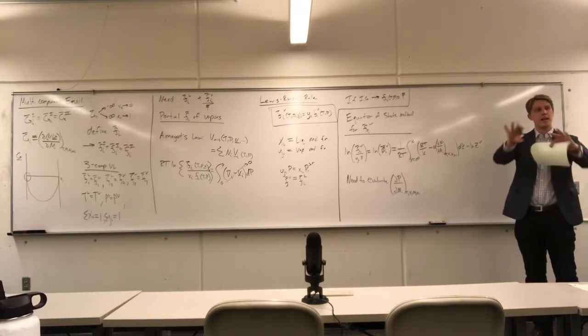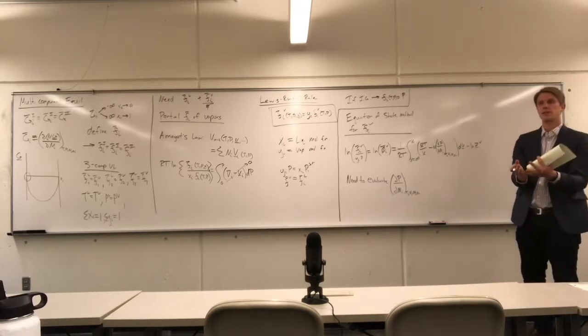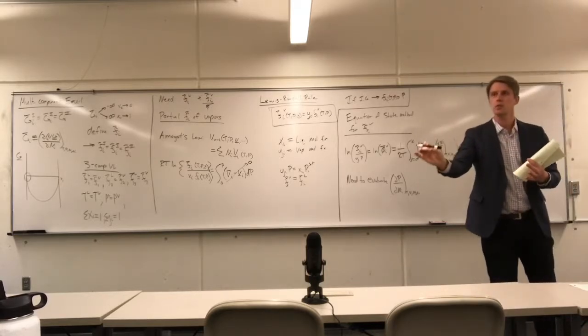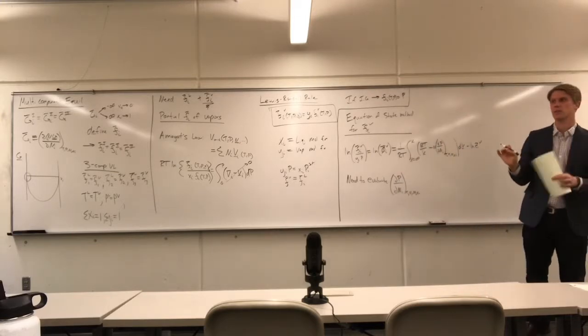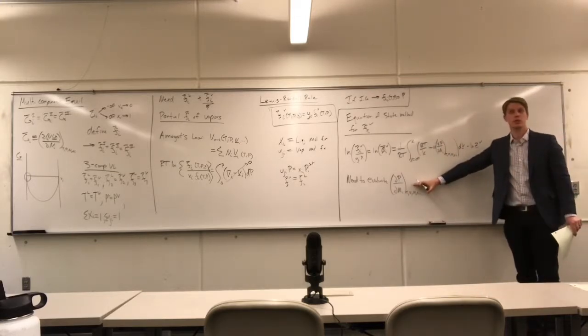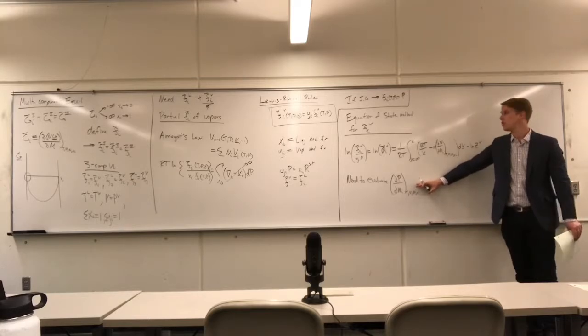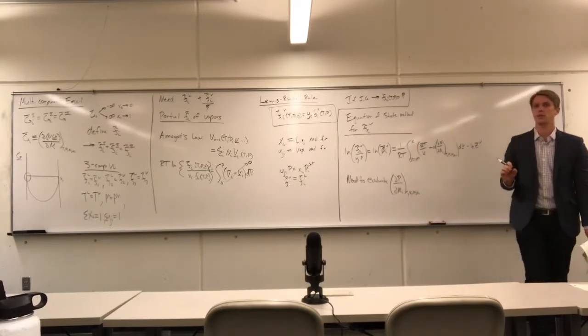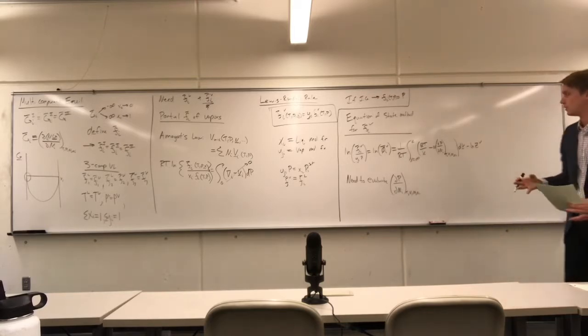If I have a system, no matter how complex, and I add a little bit of species i into it and measure how the pressure responds, that tells me basically everything I need to know to understand the complex fluid interactions and the phase behavior of the system.